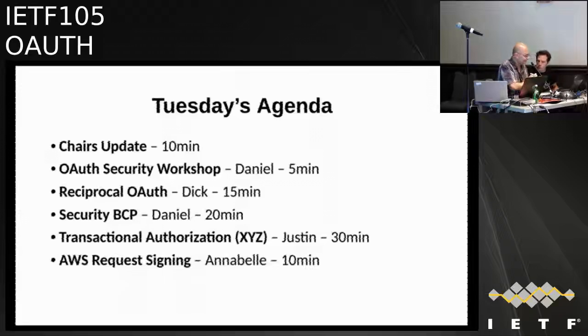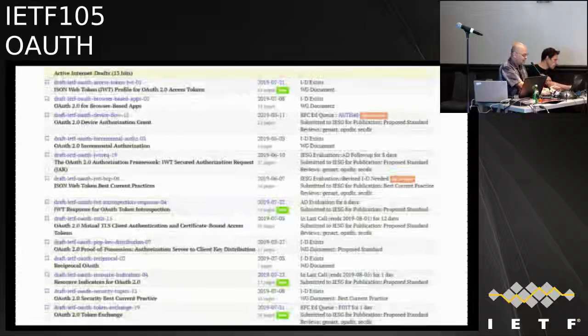And Justin will entertain us this time about transactional authorization. And hopefully we'll have enough time for Annabelle. If we can't get that, we'll have to squeeze it into Friday. We'll see. Okay. So let's get started with the update.